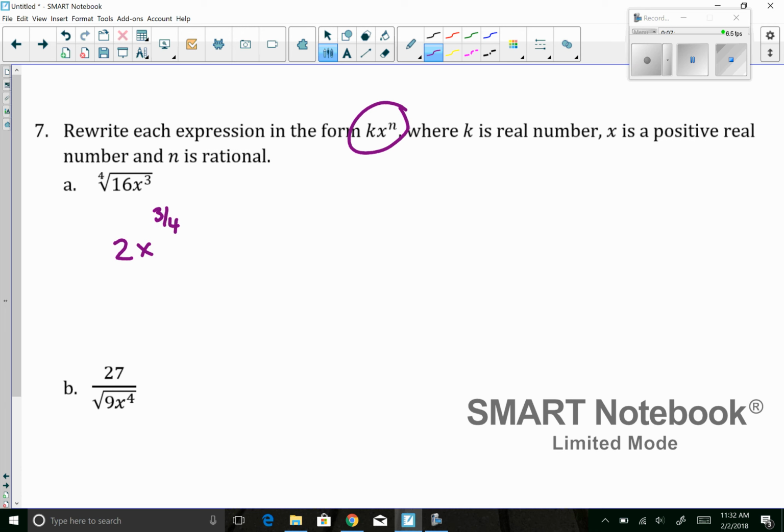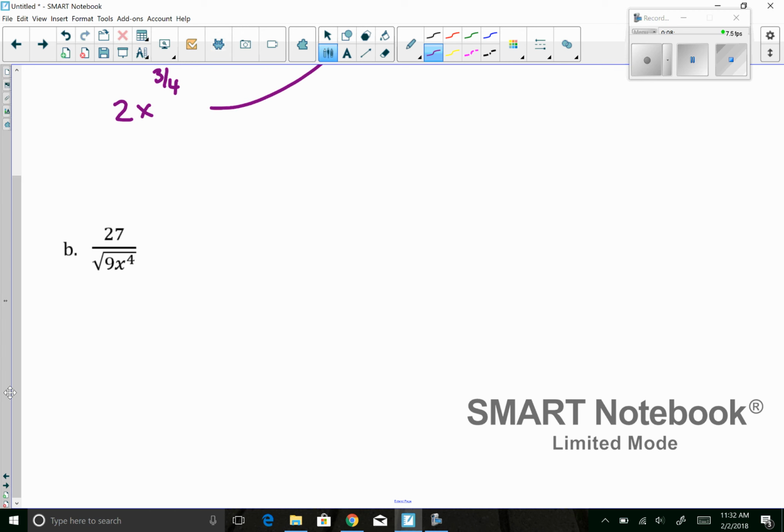If we look at b, the first thing I would do here for b would be simplify that 9.